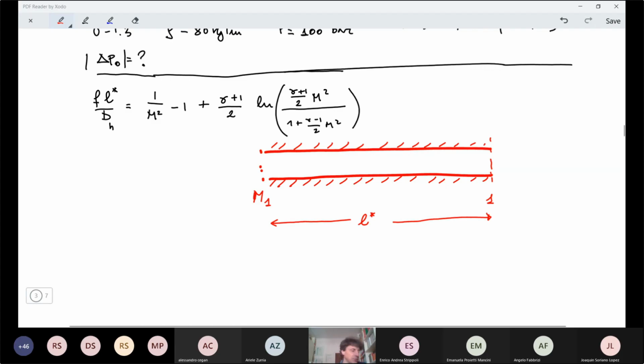So this is something that we can evaluate from this relation. Of course, we can express everything in terms of this FL over D, which can be convenient.